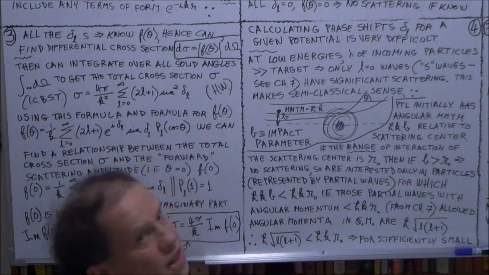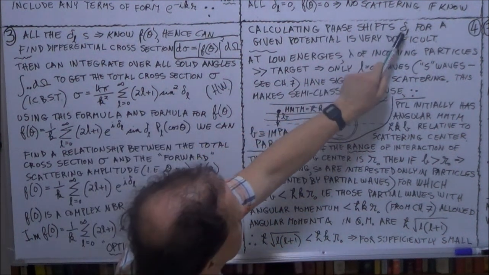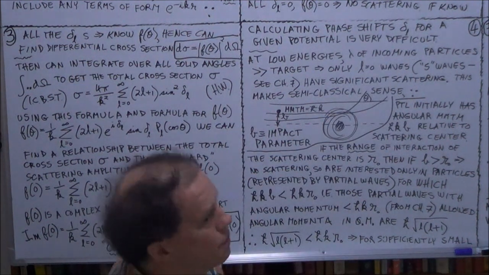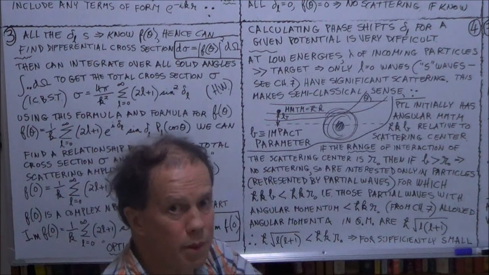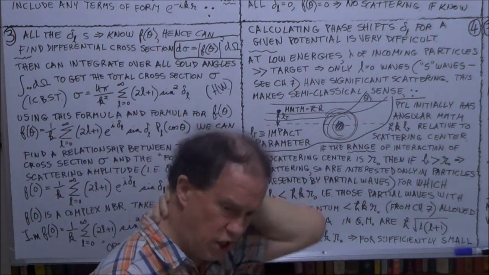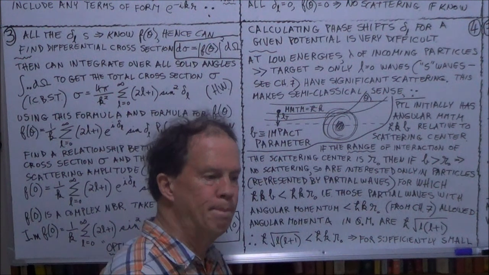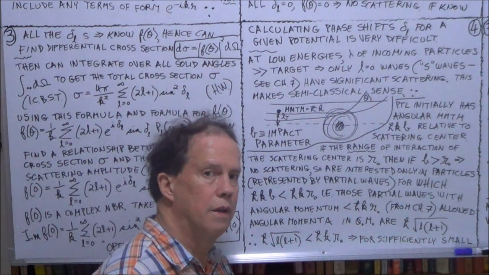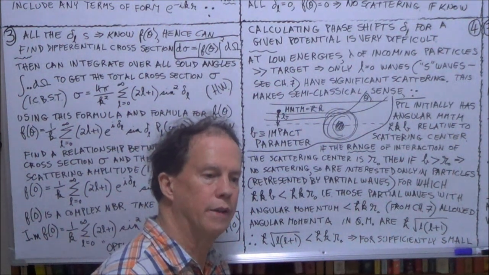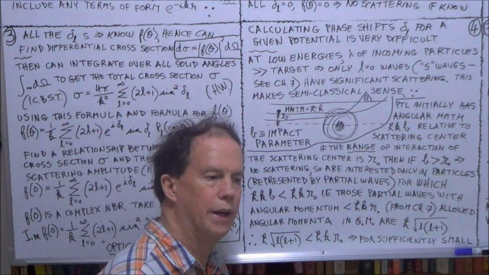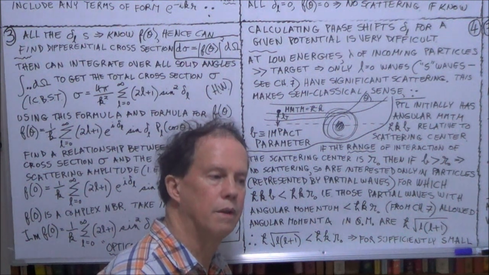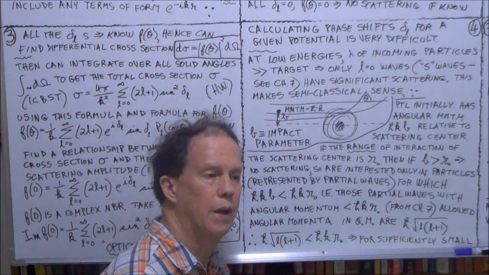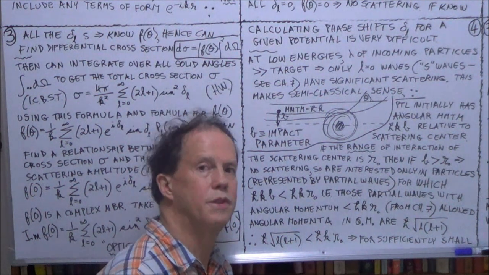Now, in general, finding the values for these phase shifts, these delta L's. Maybe I could do a bit of a reminder. What are we talking about with these phase shifts? Well, as the particle comes in, it depends on the charge of the target. If the target and the particle have the same charge, then the incoming particle will be repelled, right? Like charges repel. And so as it approaches the target, it will decelerate.